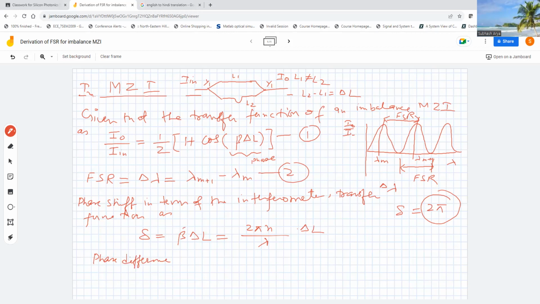So this delta is equal to delta m minus delta m plus 1, which is equal to 2 pi. So we write this equation number 3 and this is equation number 4. Now let us move to the next page.